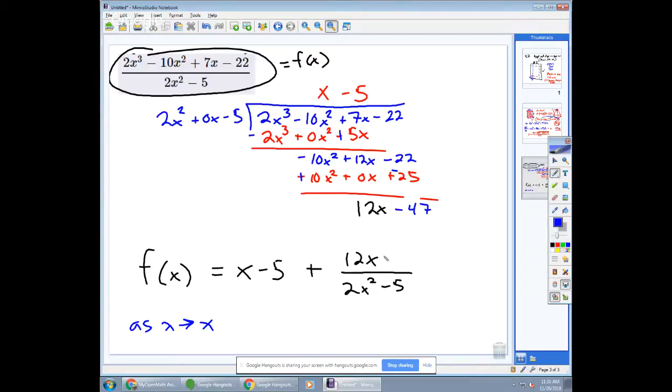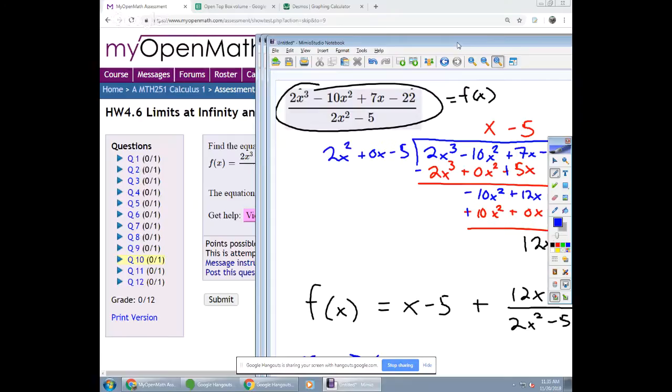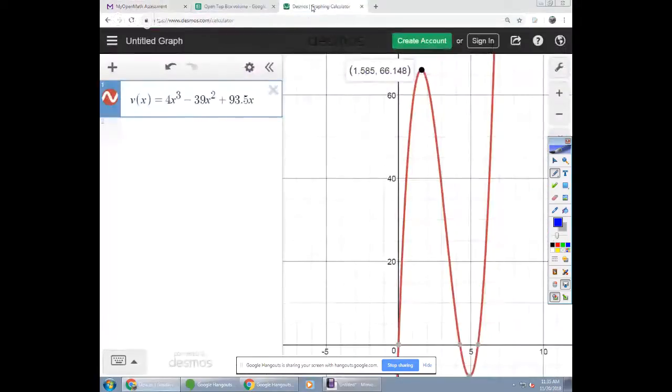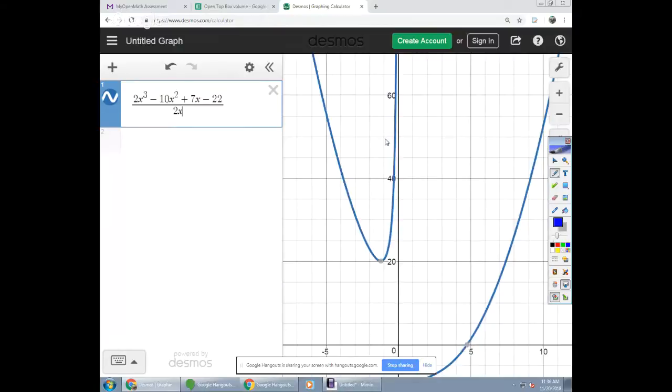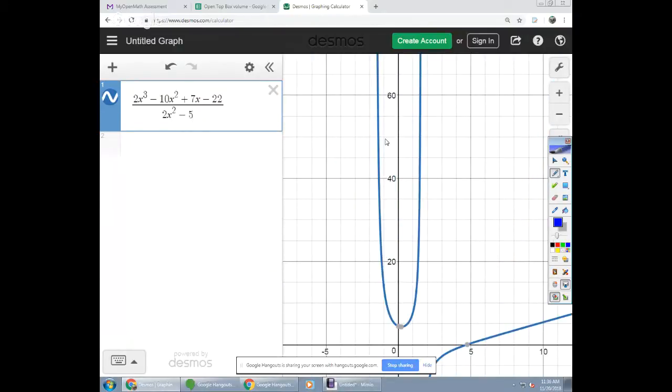And then it's always a good idea to graph to check because it's easy to make a mistake like I just did. So let's whip out a quick graph of this in Desmos. The original function is 2x to the third minus 10x squared plus 7x minus 22 all over 2x squared minus 5.